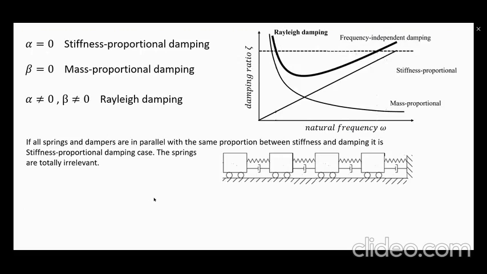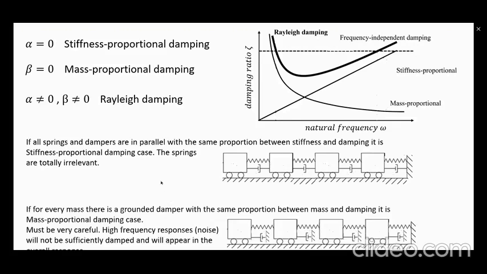Now you might say, well, wait a minute, how do we know if we have Rayleigh damping? So if we have a situation where parallel to every spring there is a damper, and the ratio of this damping to that stiffness, this over that, this over this, are all the same, then we have a stiffness proportional damping.